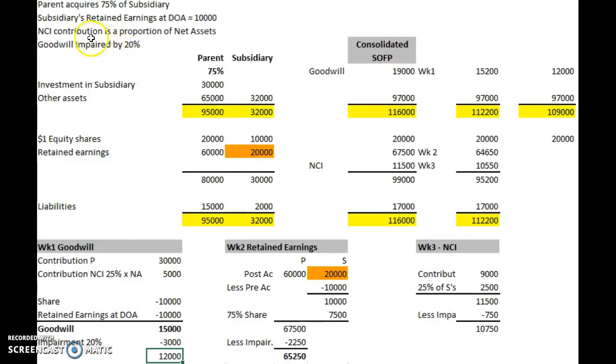So it's just the way we're looking at the NCI contribution that decides whether the goodwill goes to the parent only or whether it's shared. So not only does the parent take all the goodwill, it also therefore takes all the impairment.